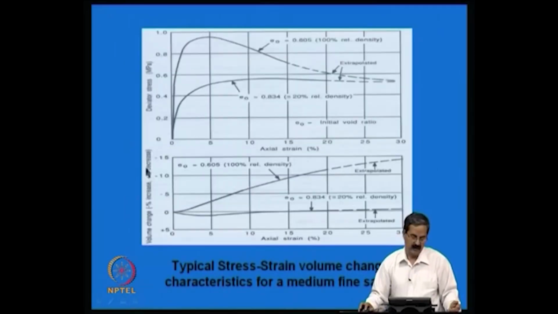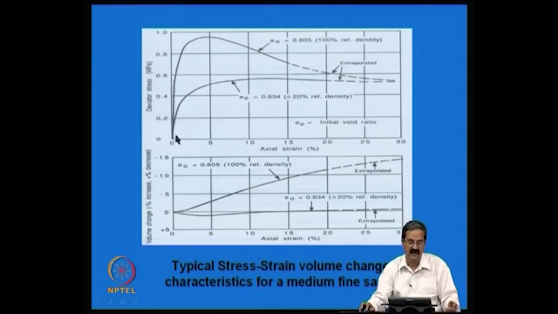Another important point is a typical example of stress strain curves, showing how the void ratio e0 differs: the relative density is 20% in one case, and very high in the other. The void ratio is 0.834 in one case and 0.605 in the other, the void ratio of the sample at which it is tested.